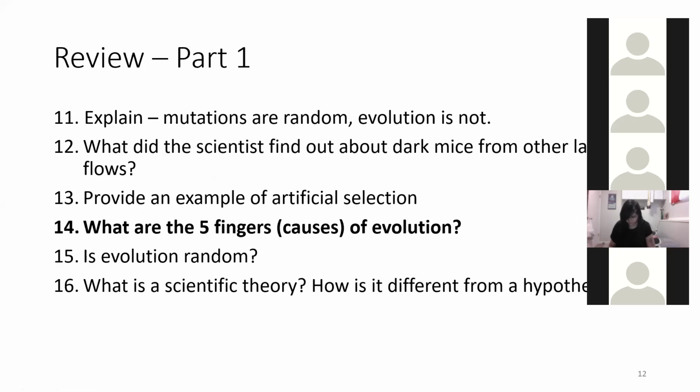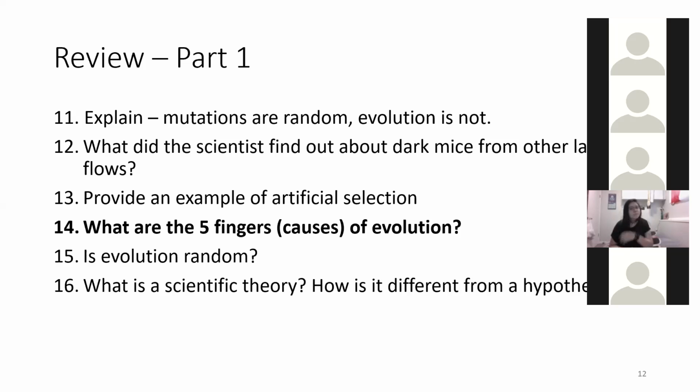It first depends on the mutation, but then it's survival in the environment. So if a mouse has light fur and it's on sand, then the gene frequency is going to go up. If it's a dark mouse on sand, then probably the gene frequency is going to go down, just like the furless bunnies. But if you change the environment or the conditions they live in, that can all change.